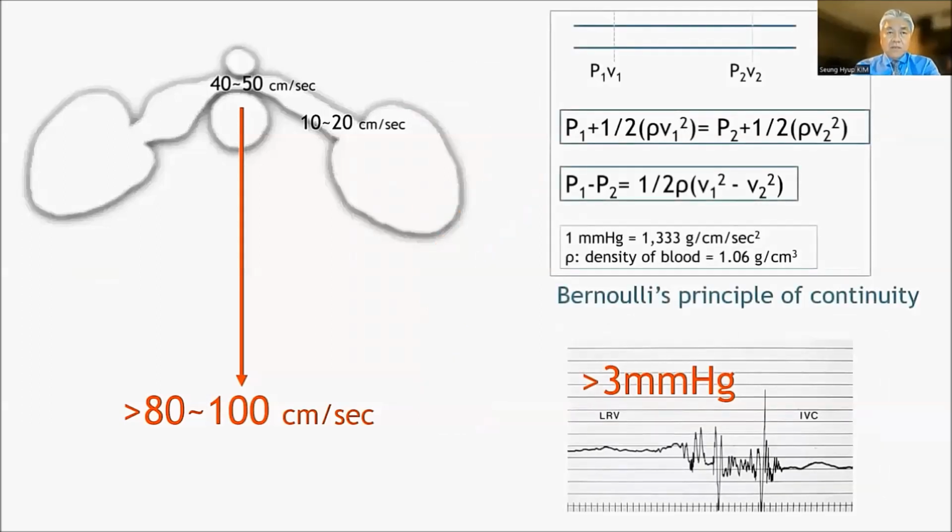If we calculate the theoretical pressure gradient using the Bernoulli principle of continuity, this velocity criterion of 80 to 100 centimeters per second is equivalent to a pressure gradient between 2.39 to 3.81 millimeters mercury. So we may use Doppler ultrasound with this velocity criterion without invasive venous catheterization in the diagnosis of Nutcracker phenomenon and Nutcracker syndrome.